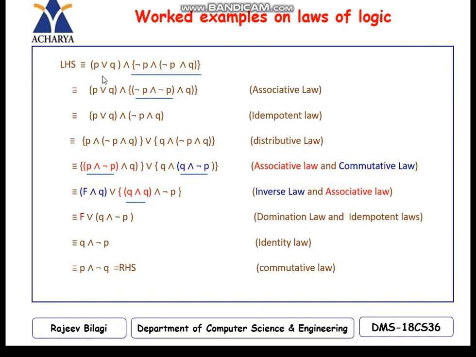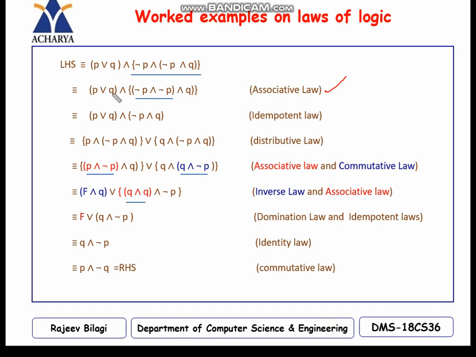So I will keep P or Q as the same. Okay, then negation of P and negation of P or Q. Now since both are the same, I can apply laws of logic, that is the associative law here.